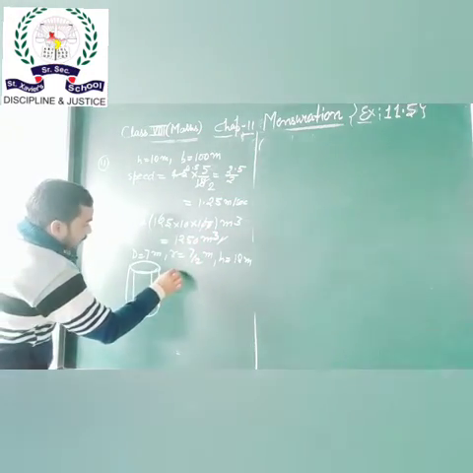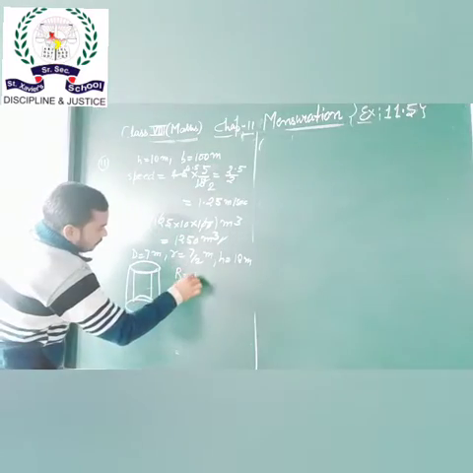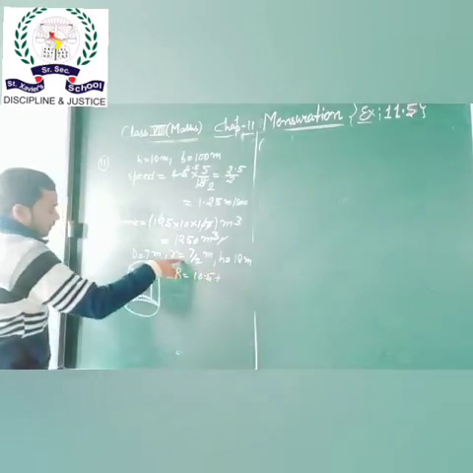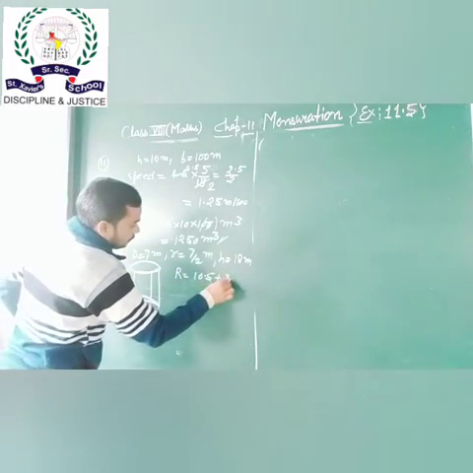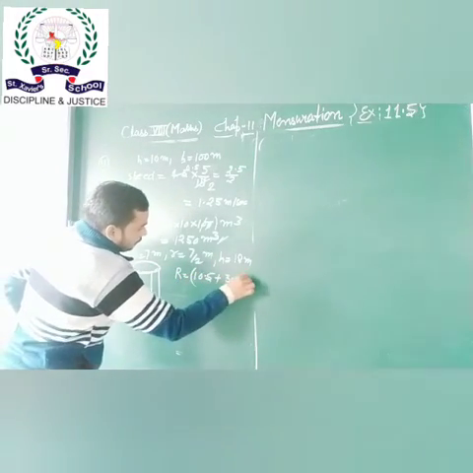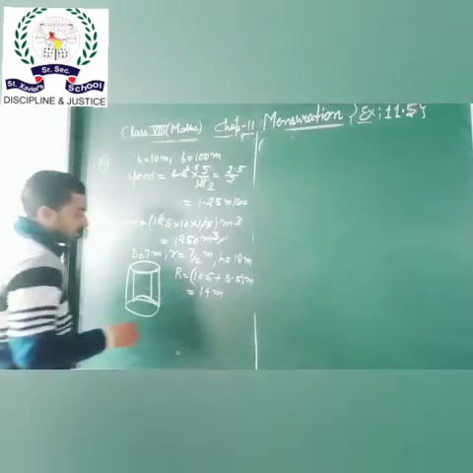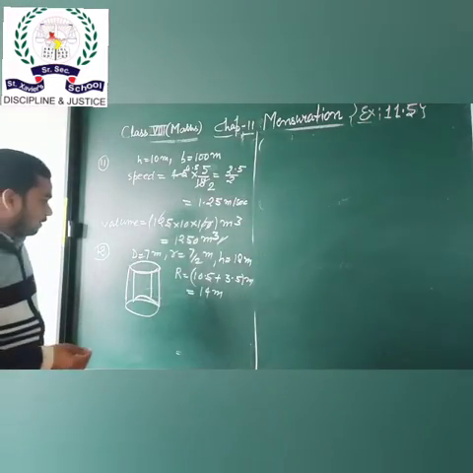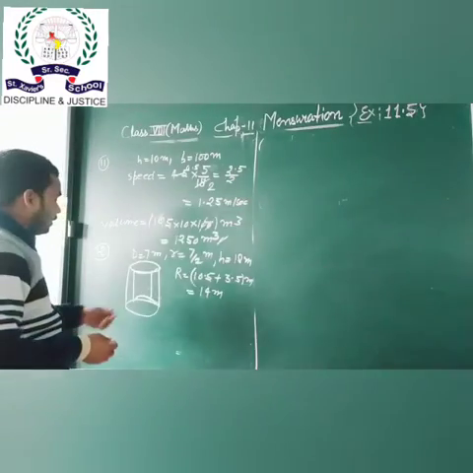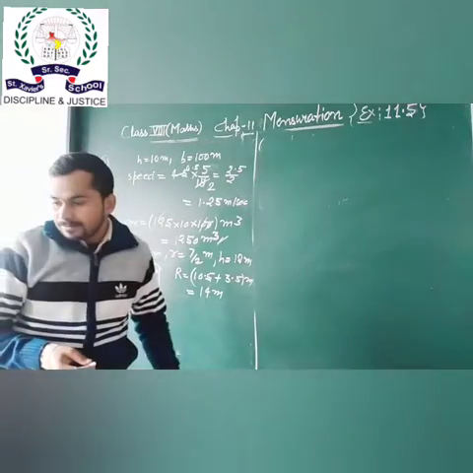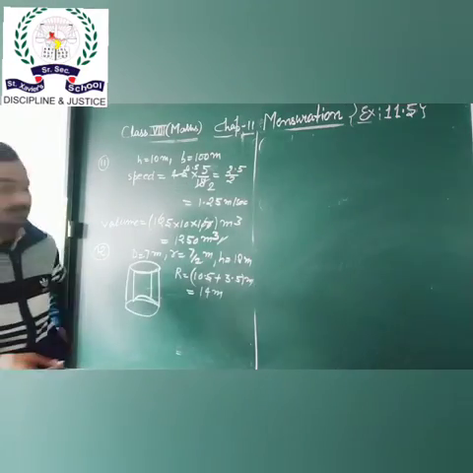So take the external radius capital R equal 10.5 plus internal 3.5. So 10 plus 3 is 13, 14 meter. So external radius equal 14 meter. And the volume of earth taken out equals the volume of the embankment.